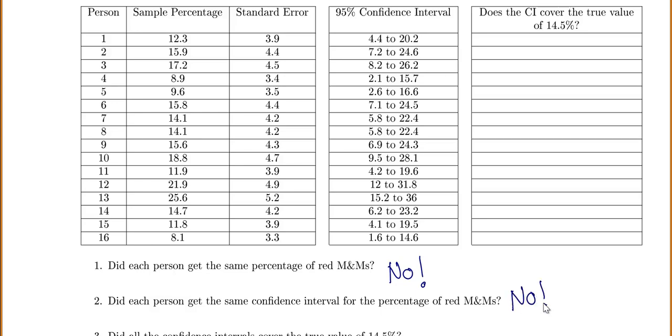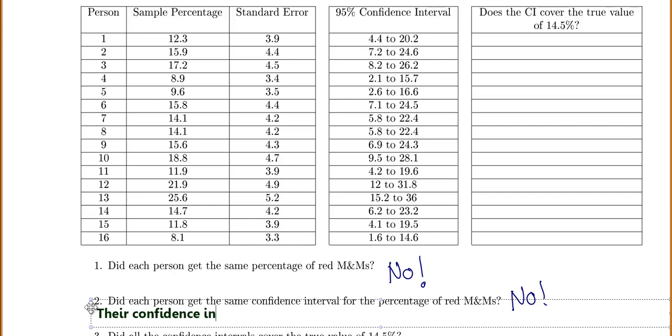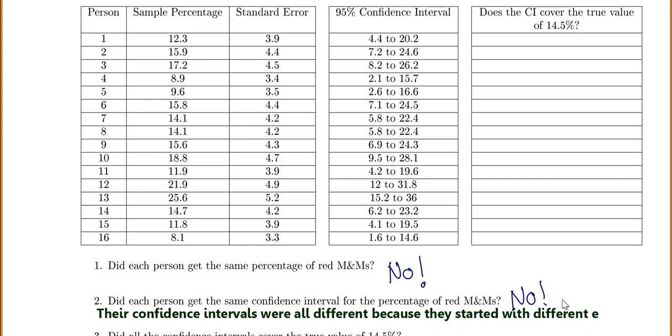And their confidence intervals are all different because they all started with different estimates, or different sample percentages.